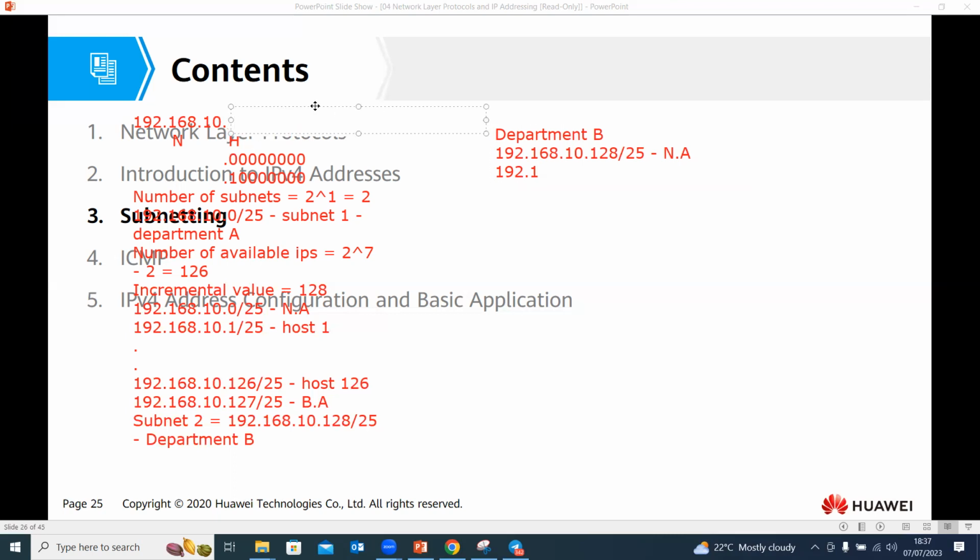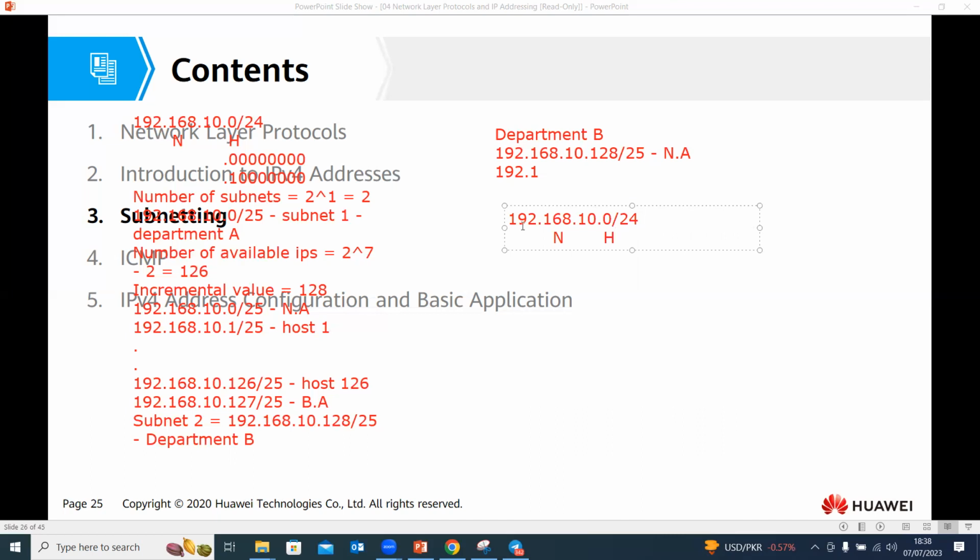Oh, sorry. Let me rewrite this. It was 192.168.10.0/24. That's now the class C network without subnetting. But in this class C network, the first 3 octets belong to the network part, and we have only 1 octet in the host part.